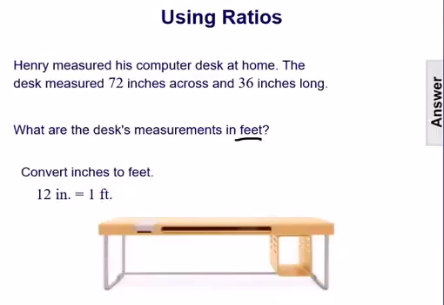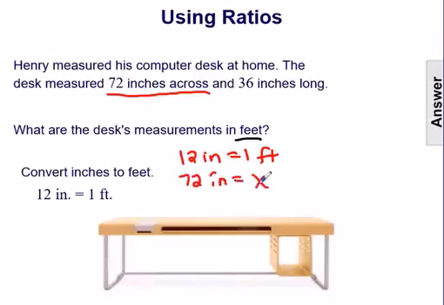So let's start with the across, the 72 inches across. We know that 12 inches equals 1 foot. We want to see how many feet 72 inches would equal. That would be our unknown. Well, trying to get from 12 to 72 would be by multiplying by a factor of 6.